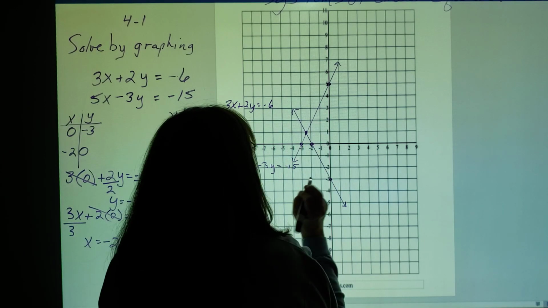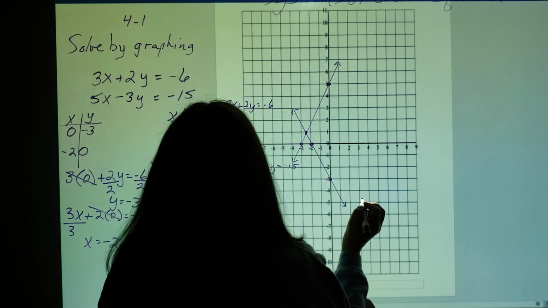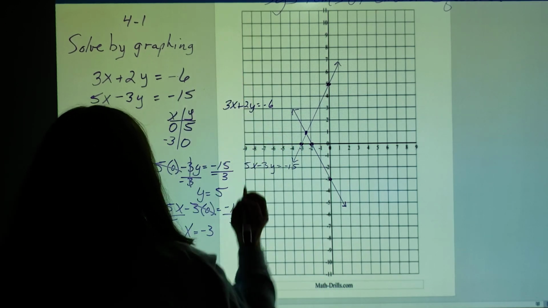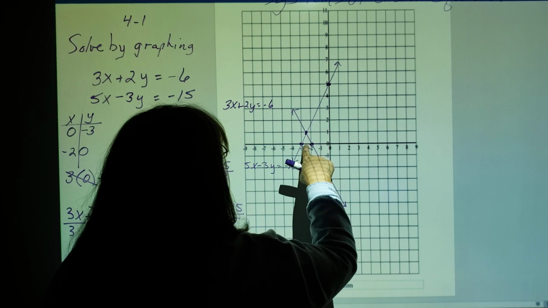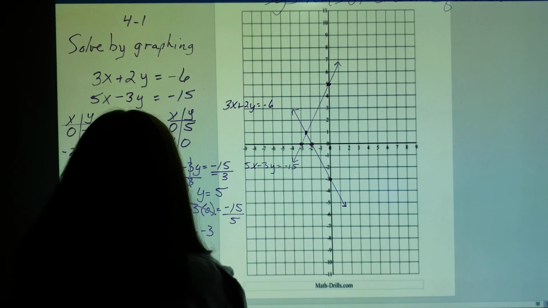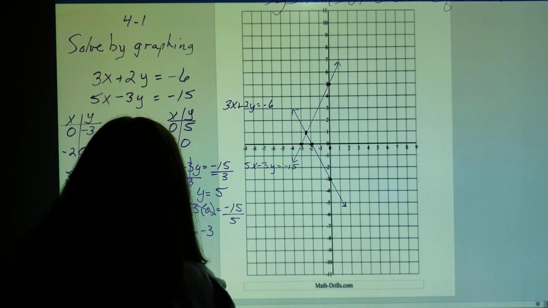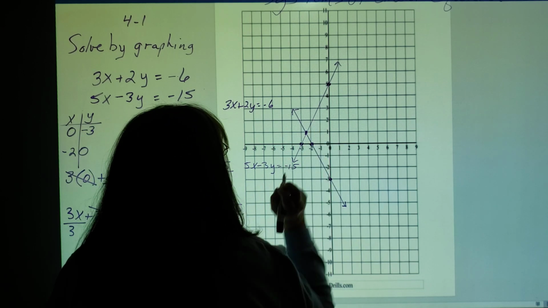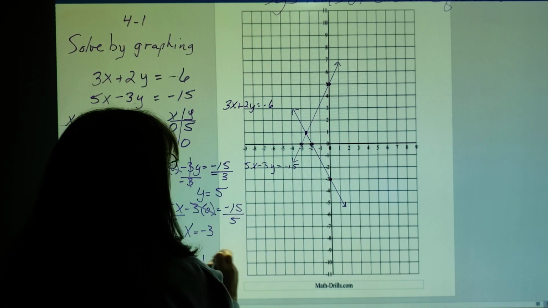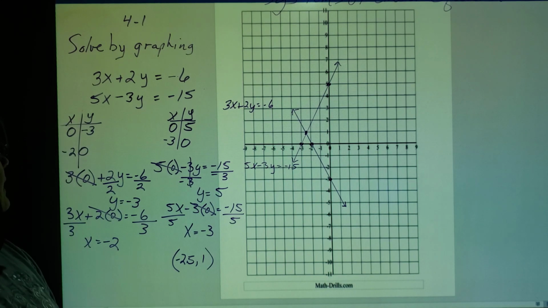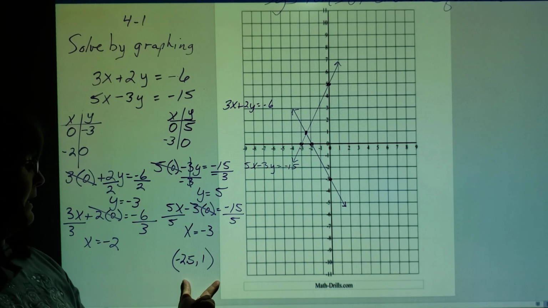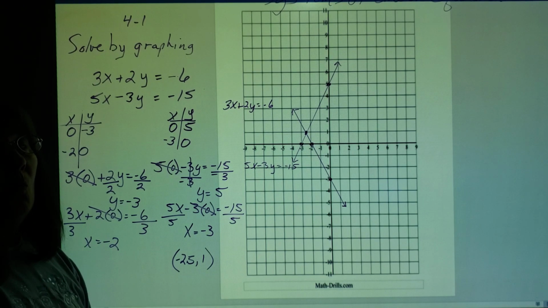So our answer is going to be approximately at negative 2.5 and 1. And that's how you graph a system of linear equations. So again, the answer is negative 2.5, 1.